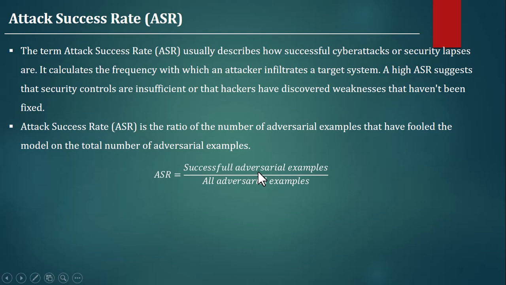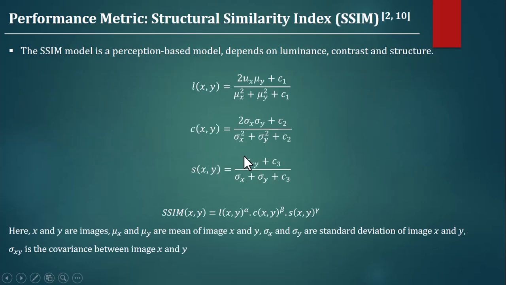So suppose we have 50 adversarial examples and out of that 25 have fooled the system. That means the actual class was positive, but now it is being labeled as negative. Fine, in 25 of 50 cases. So the ASR would be 50% in that case. Clear? So again, attack success rate is the ratio of the number of adversarial examples that have fooled the model to the total number of adversarial examples.